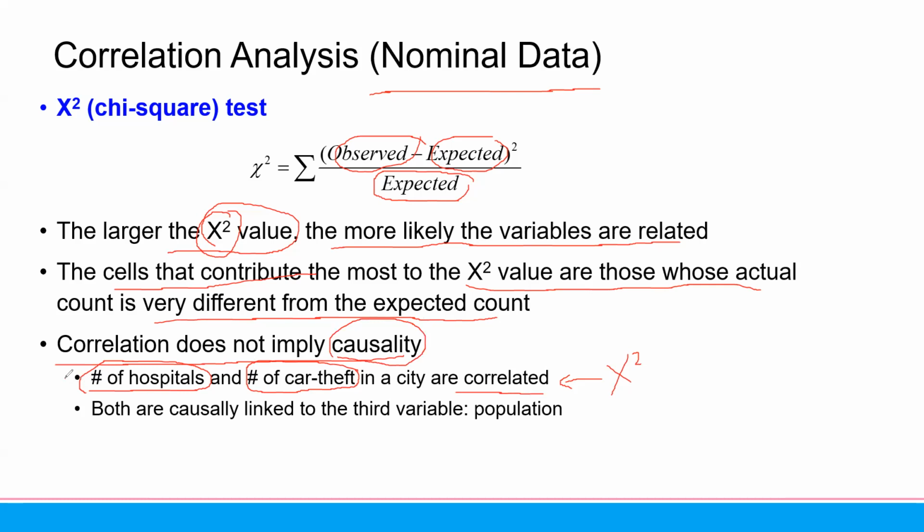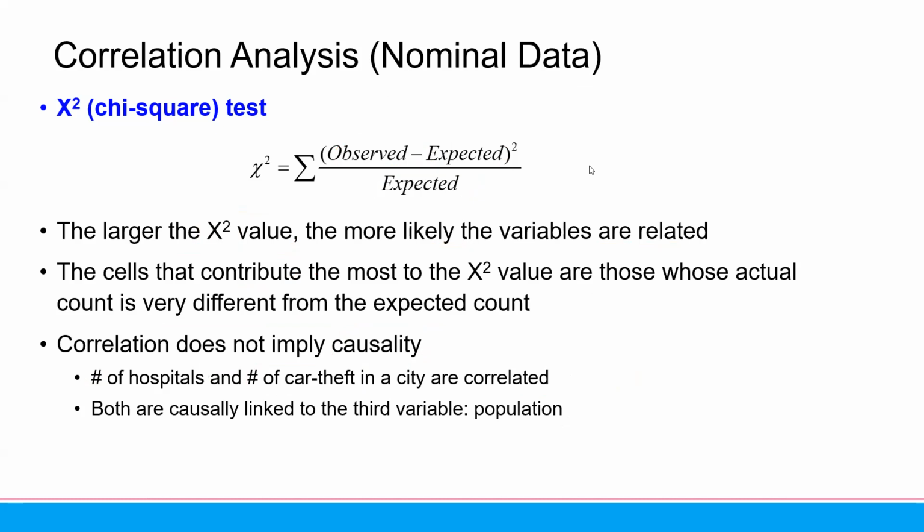Is it because the increment in the number of hospitals increases car theft? No, there is no such causality. It is just to see the correlation. Maybe we can say that the population increases, so the number of hospitals increases, and car theft also increases. That can be the explanation.